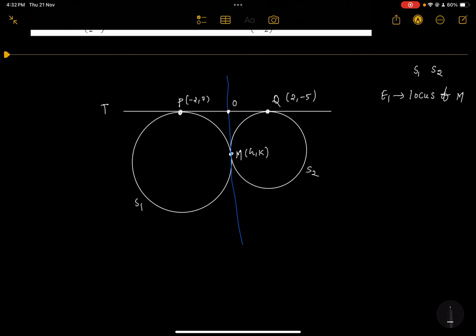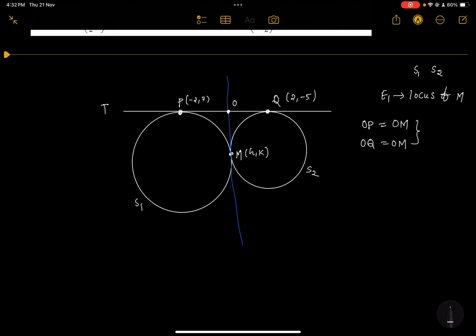Now OP is equal to OM, because O is an external point to the circle S1 and tangents are drawn from the external point to the circle S1. So OP is one tangent, OM is one tangent. So these two should be equal. Similarly, for circle S2, OQ is equal to OM.